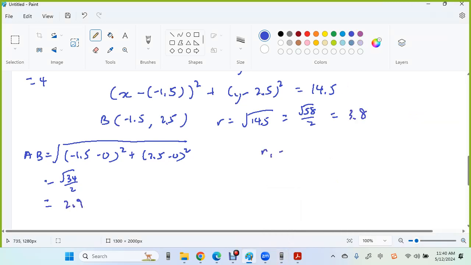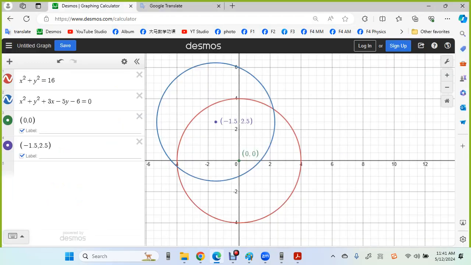Okay, R1 plus R2 is 4 plus 3.8, that is 7.8. So this one also intersects. AB is less than R1 plus R2, therefore they intersect. If we use decimals, then we can see that they intersect at 2 points.